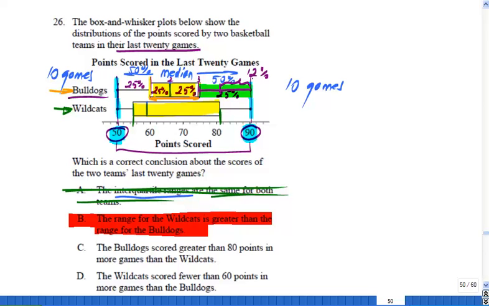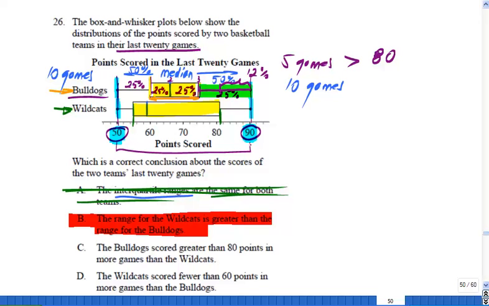I can even say this is 12.5. I have 20 games in total, half of them will be 10. This green whisker will be 5 games. I mean, not 12%, because that's going to be 50% of the 10 games. About 5 games greater than 80 as a score.